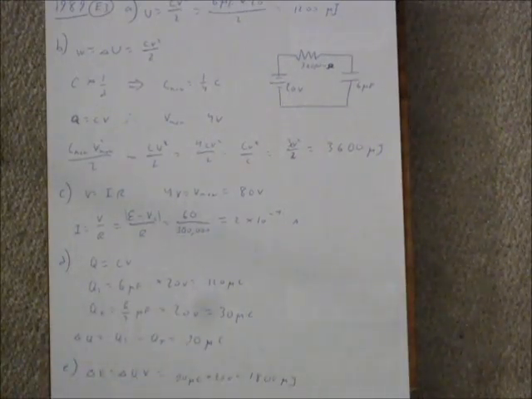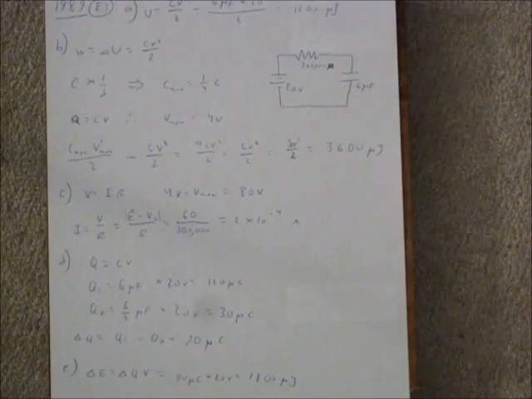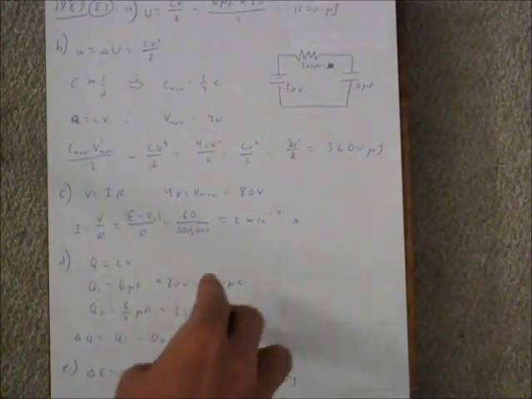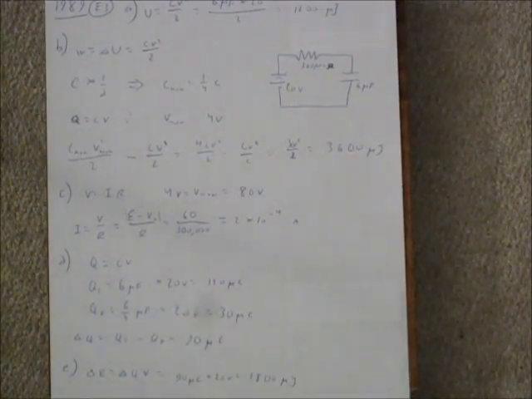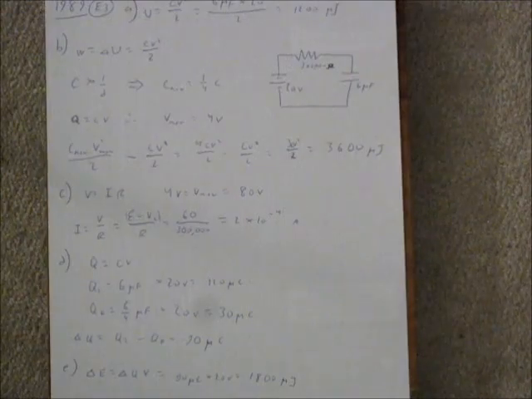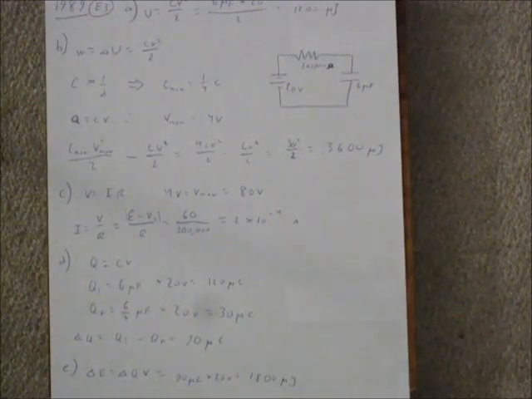And here is the one where the spacing was changed. So we know that the difference between these two amounts of charge should be how much charge left the capacitor. So you take the difference and you get 90 microcoulombs. So that should be the amount that is passed through the battery.